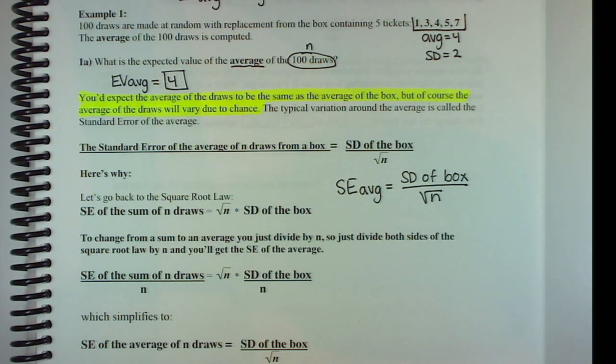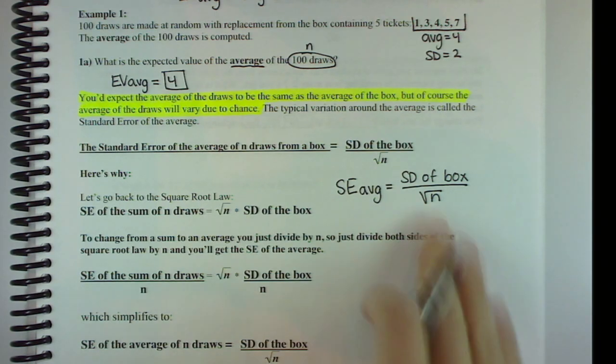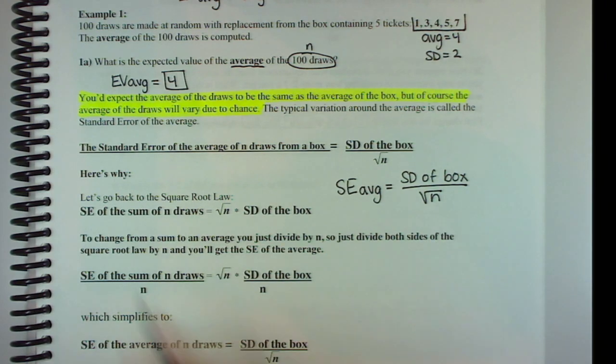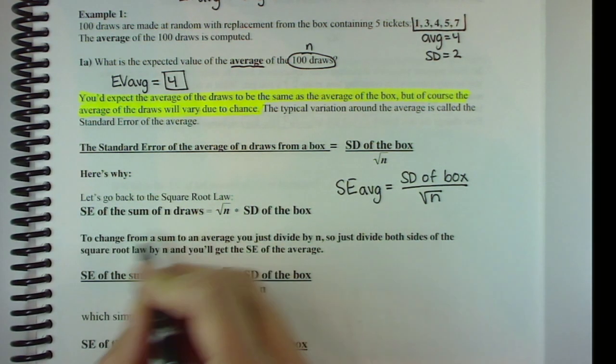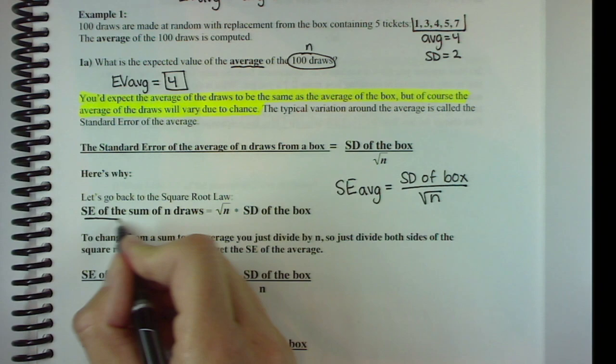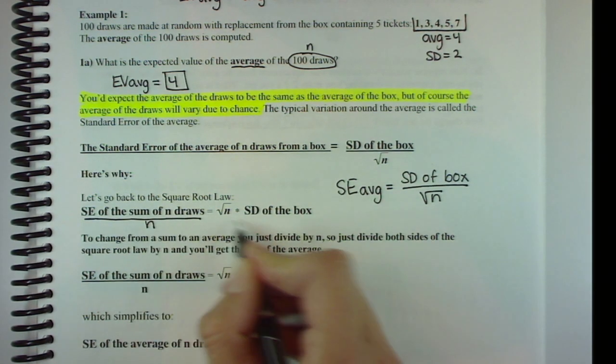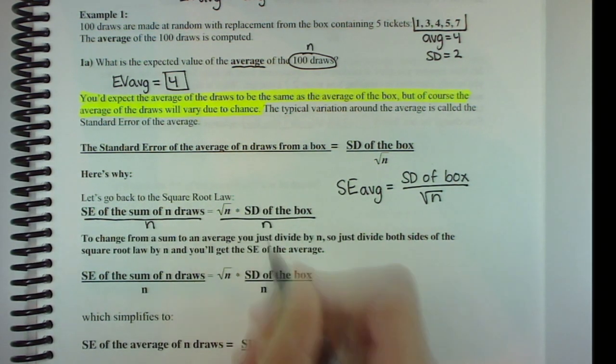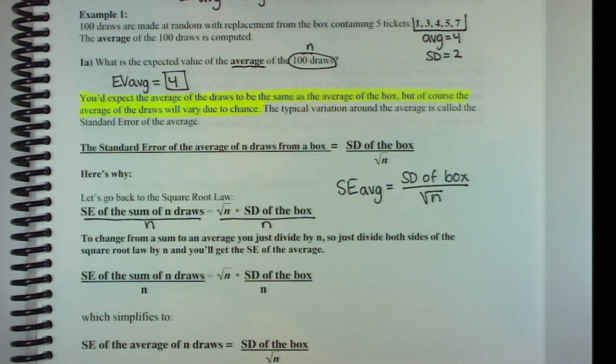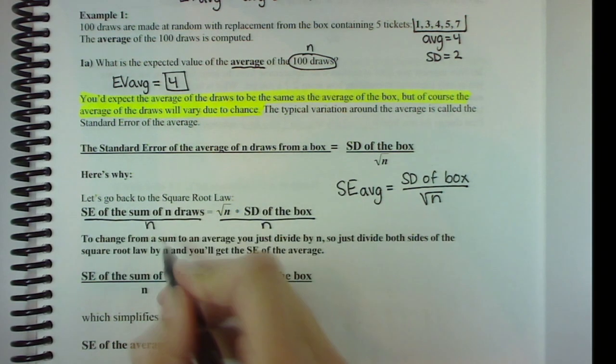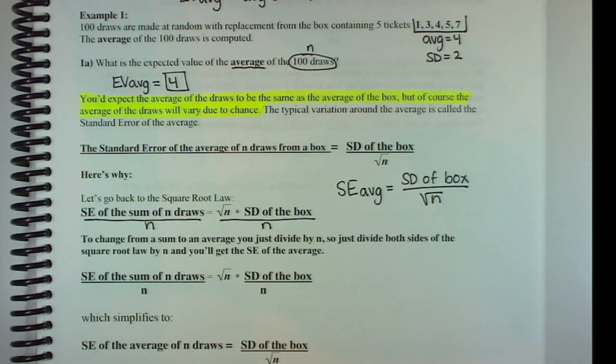To find an average, you have to take the sum and then divide by n. So basically, to get this formula, all I did was take the standard error for the sum, and I just divided both sides by n, because an average is just the sum divided by n.